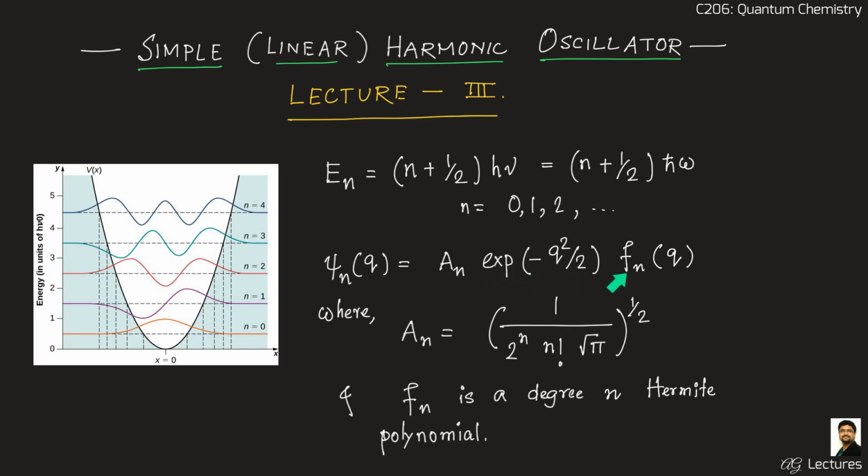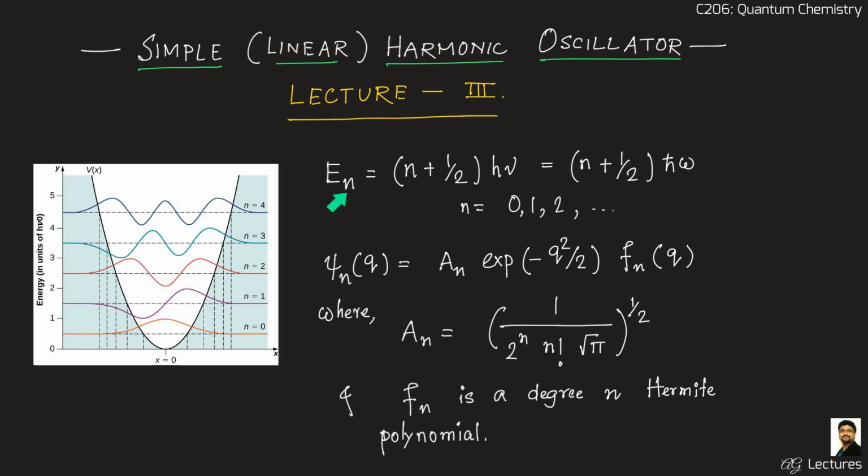And then this particular Hn, which is the behavior of the wave function when q is not very large, either this way or that other way, when q is at intermediate points, correct? So the behavior of the wave function is given by this particular factor, which is a degree n Hermite polynomial.